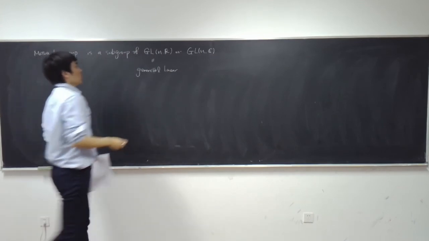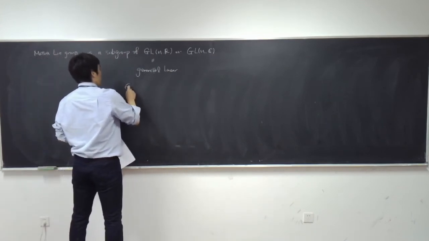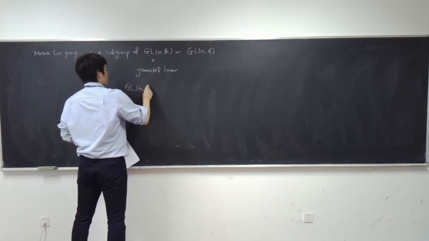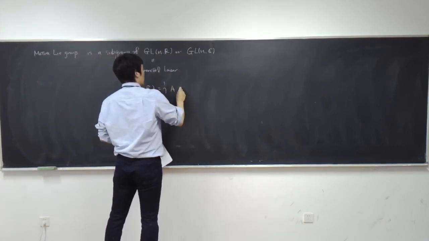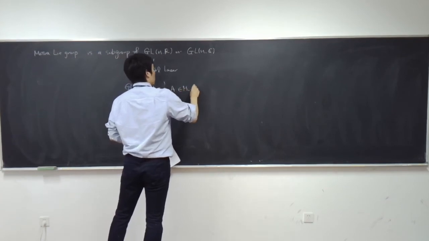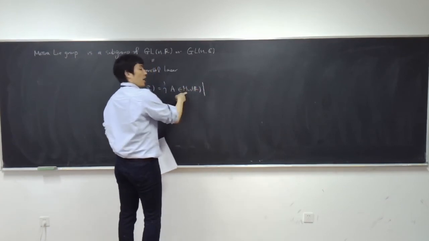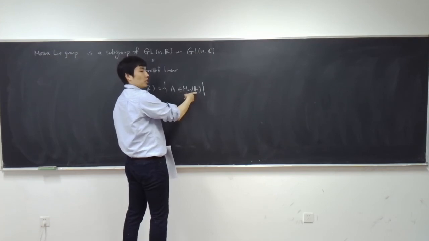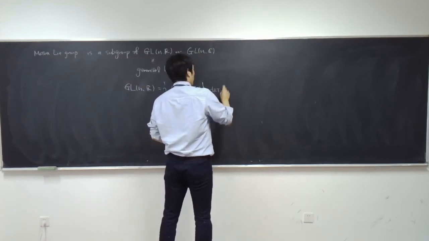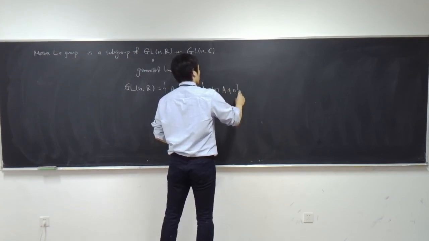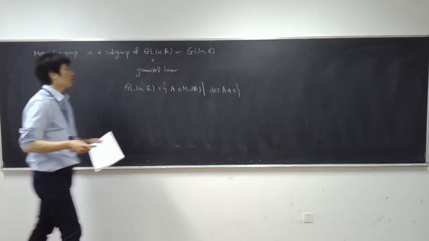The definition of GL(n,R) is just matrices A, n by n matrices with real coefficients, and the determinant of A is not 0. So you have an inverse, and that is what it means.